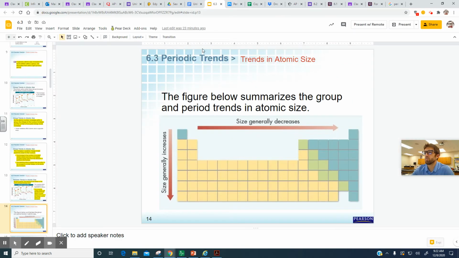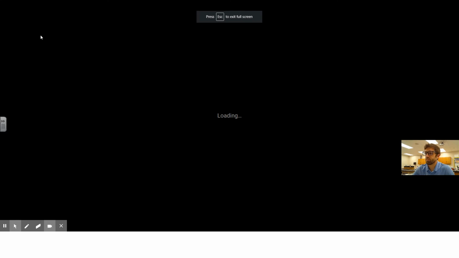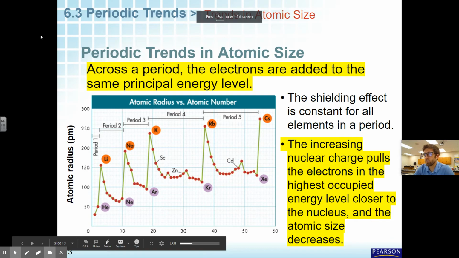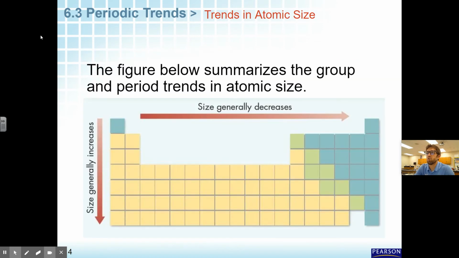That's its atomic number. Okay. So whenever you do that, you keep the number of electron shells the same, but you're making the nucleus more positively charged. So it's bringing in the outer electrons, if that makes sense. So the atomic size is going to decrease as you go left to right. You are increasing the charge of the nucleus.